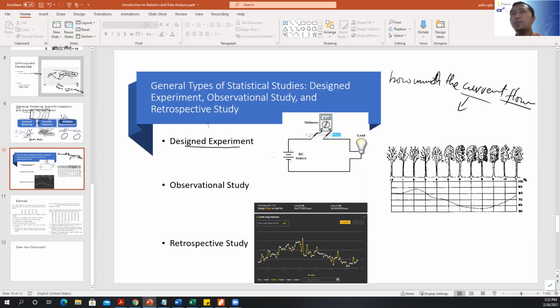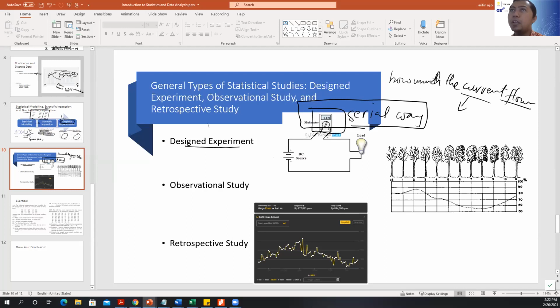Based on the scientific reasoning, we should connect the multimeter in series. That's the assumption, the scientific reasoning to measure the current flow.